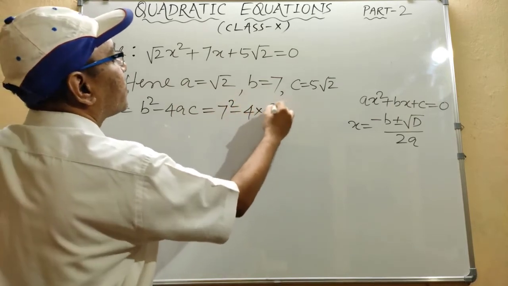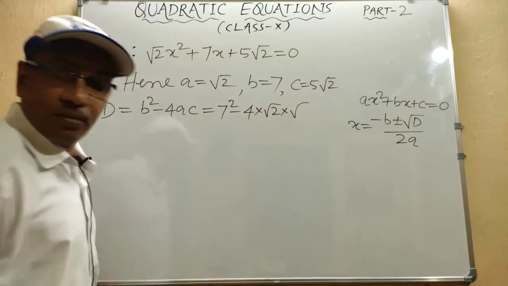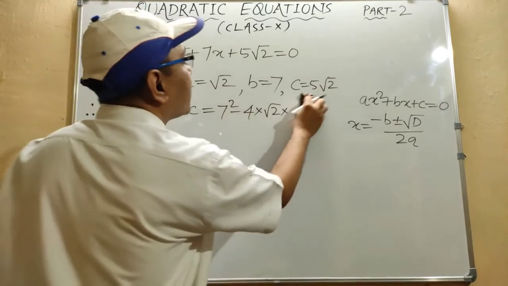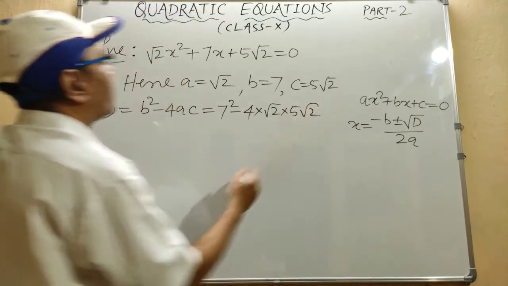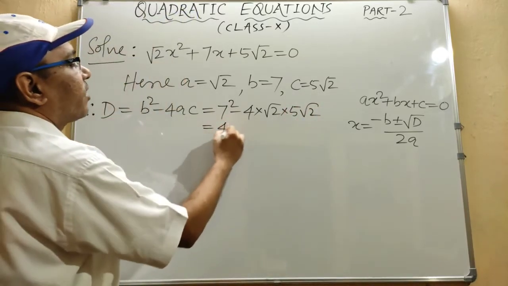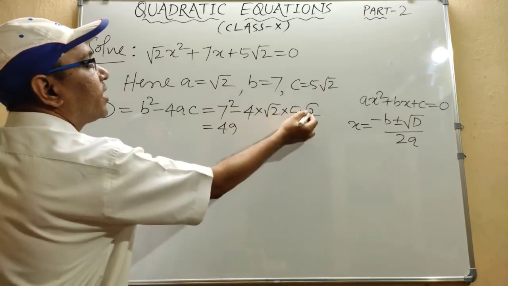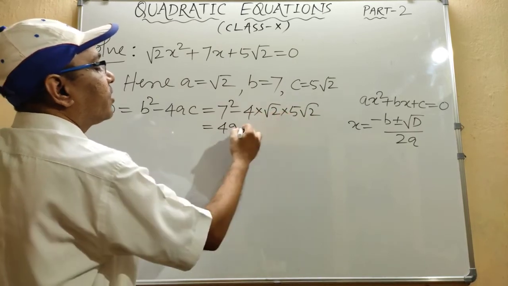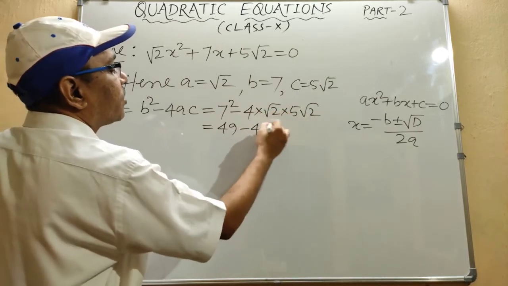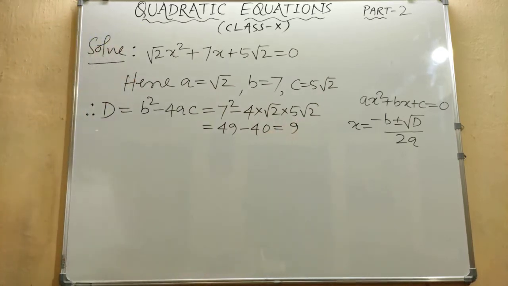A means root 2, and c means 5 root 2. So 7 square is 49, 4 into 5 is 20, and root 2 into root 2 is 2. So 4 into 5 is 20, into 2 is 40. So it gives you 9 as your d.